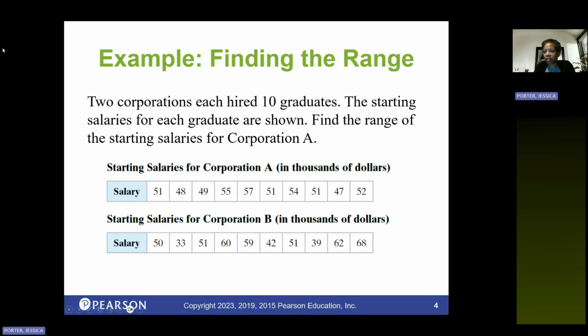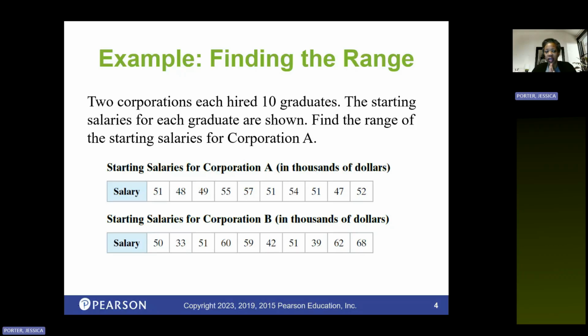What is the range then of Corporation A? What's the smallest? What's the largest? And then subtract them.